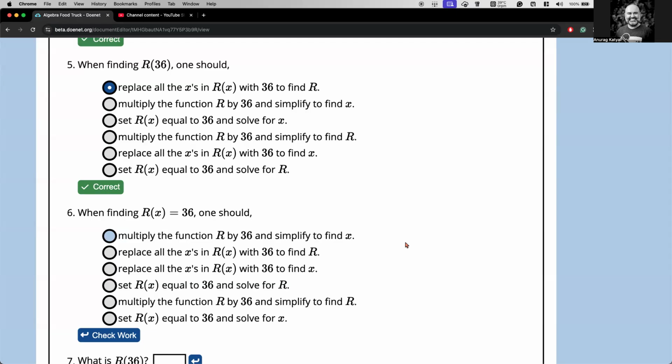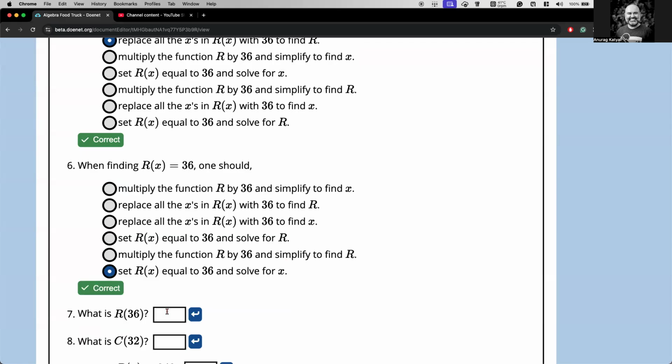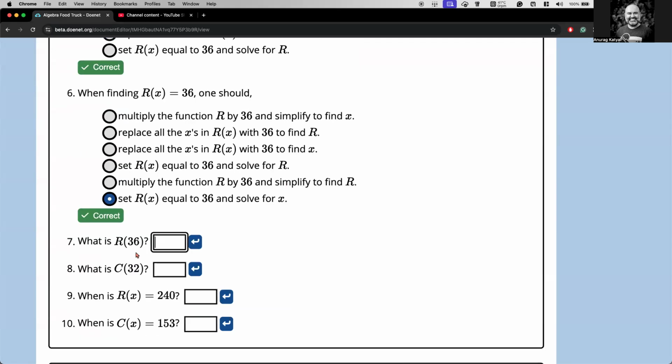Do you agree or disagree? Excellent. Okay. Now tell me what R of 36 actually is.